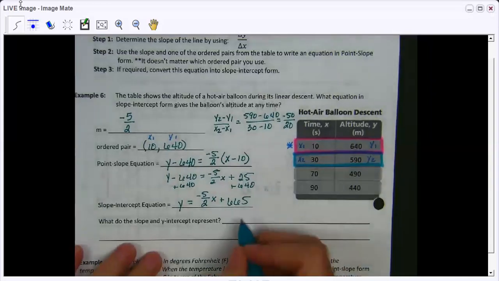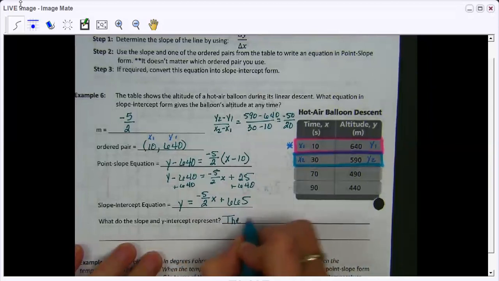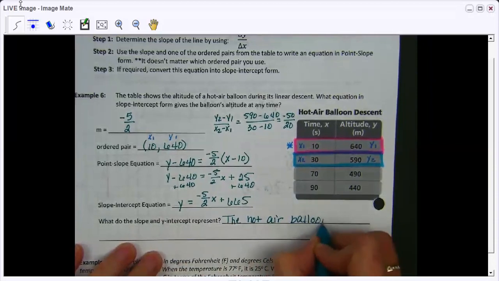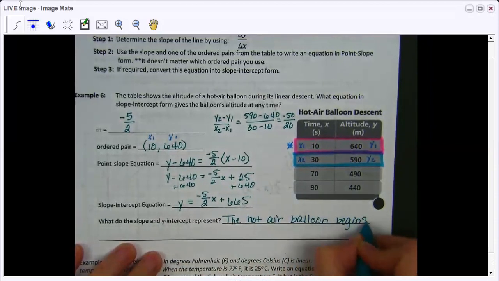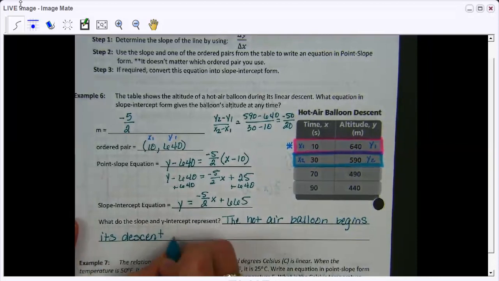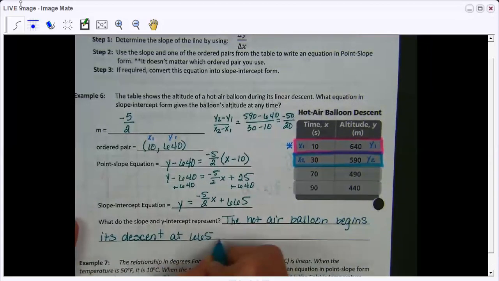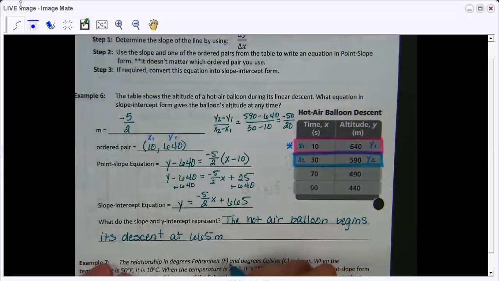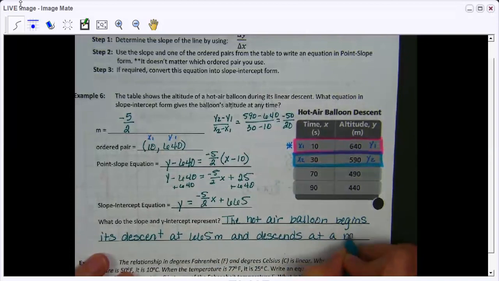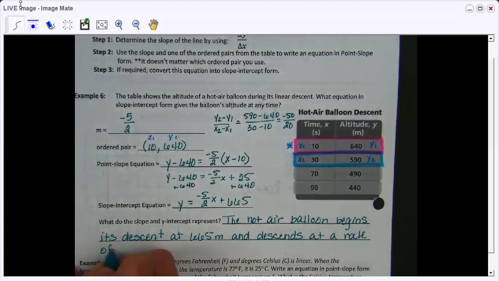All right. So the hot air balloon begins its descent at 665 meters. Okay. And descends at a rate of, we're not going to say -5 halves.